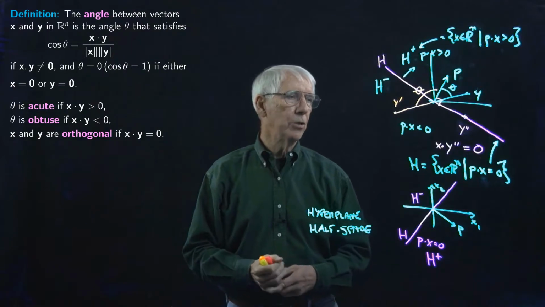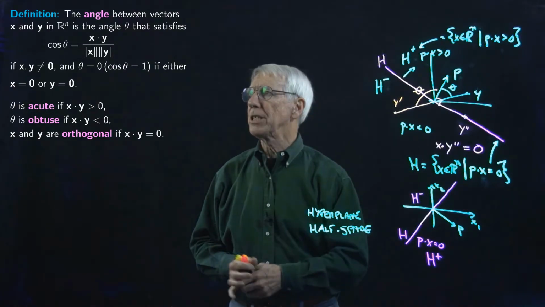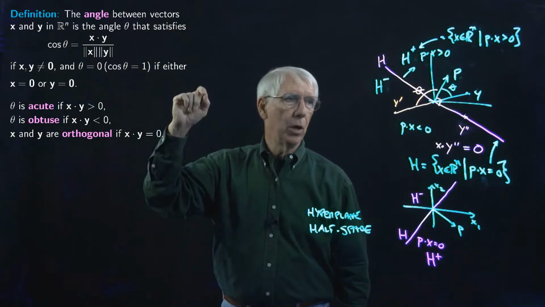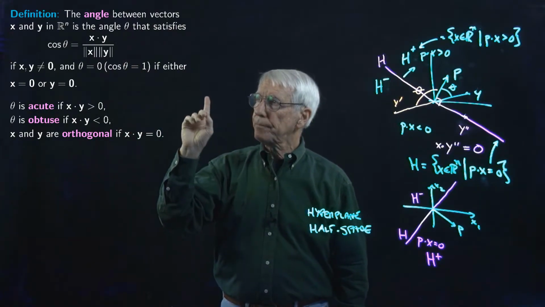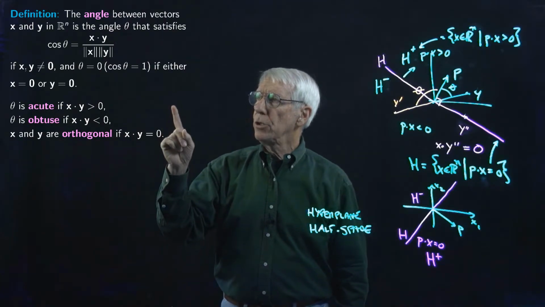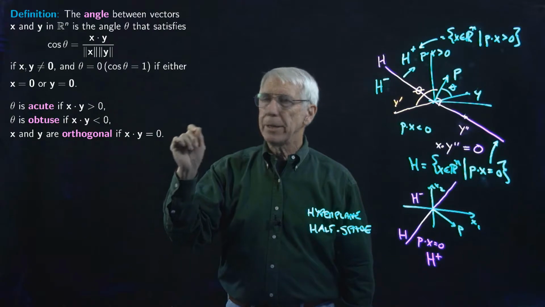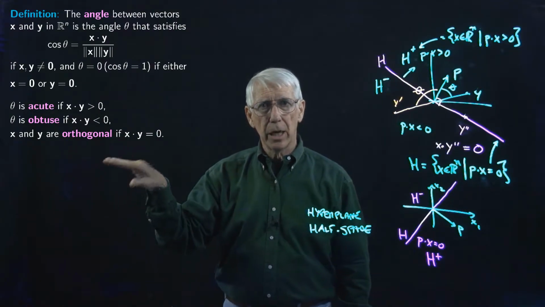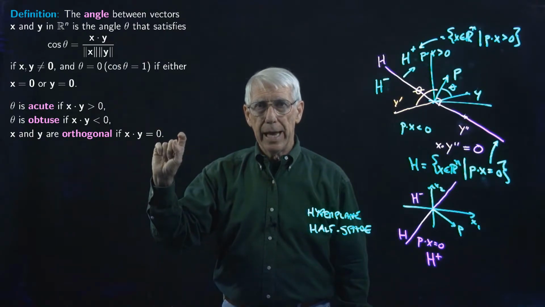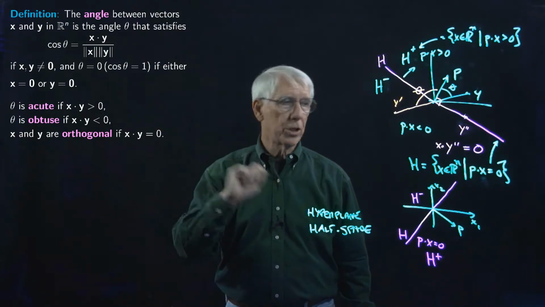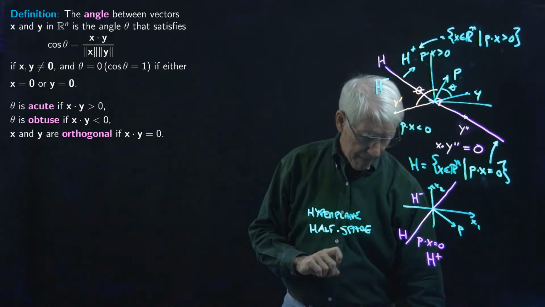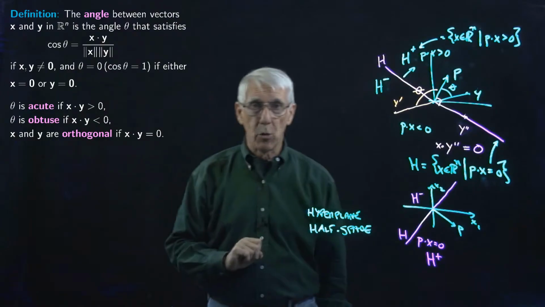That is, you're basically using whether the dot product x dot y is positive, negative, or 0. And so with that, I now want to move ahead to look at two of the things we just did a few minutes ago, the triangle inequality and the Cauchy-Schwarz inequality. So let's take this off, and then we'll come back and we'll look at those two inequalities.